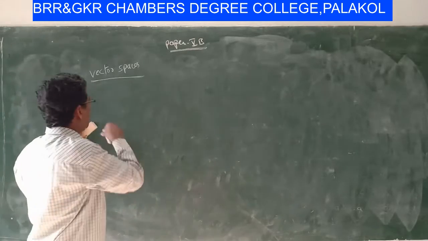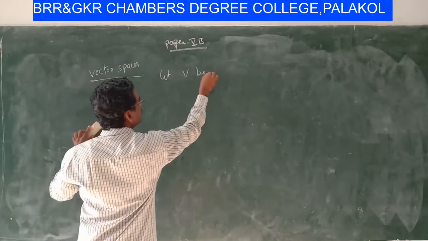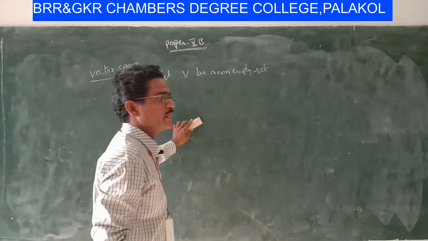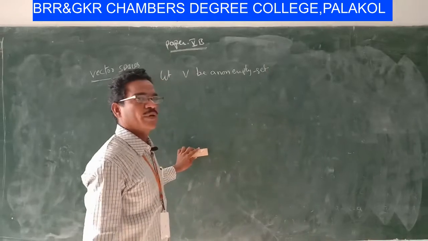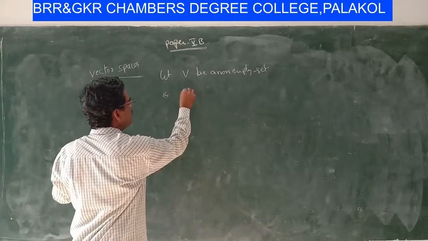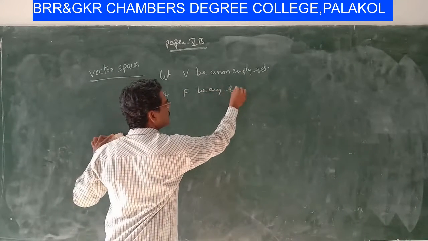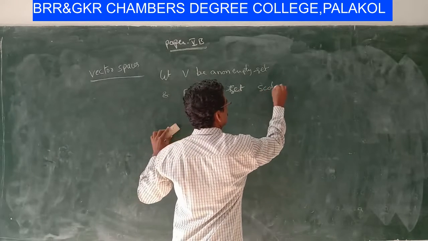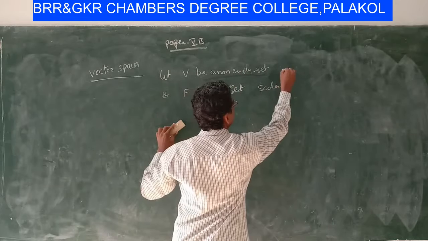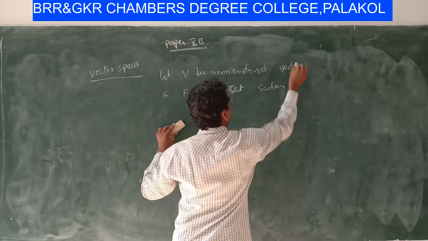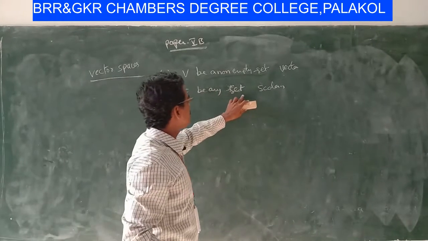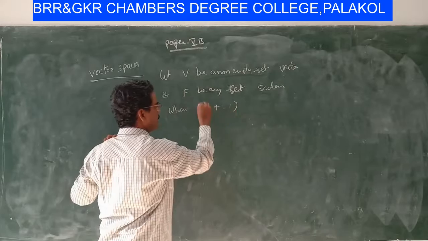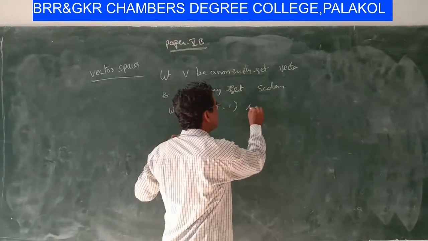Let V be a non-empty set whose elements are vectors, and F be any set whose elements are scalars, where F, plus, dot is a field.